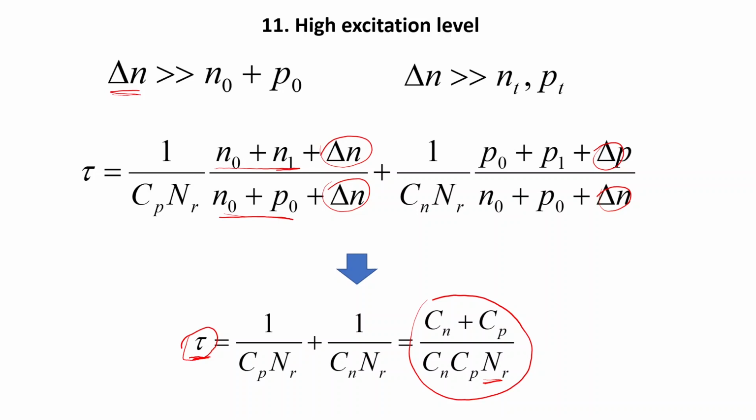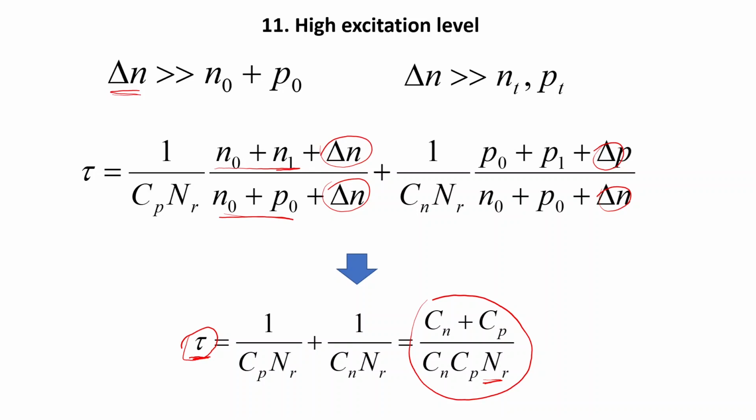So from here we will also see that it is actually opposite to bimolecular recombination. If you recall our first lecture, I have shown that in the case of high level of excitation for bimolecular recombination, recombination lifetime does not stay a constant value. It is a function of excessive non-equilibrium charge carrier concentration.